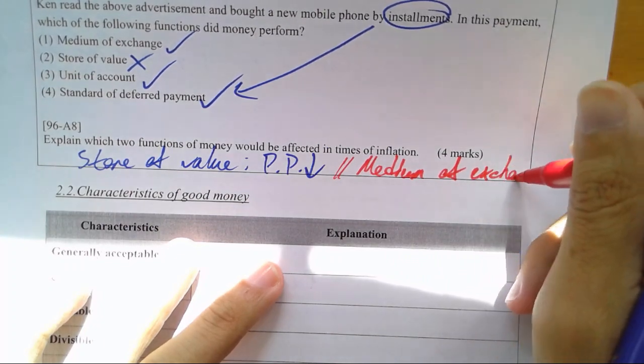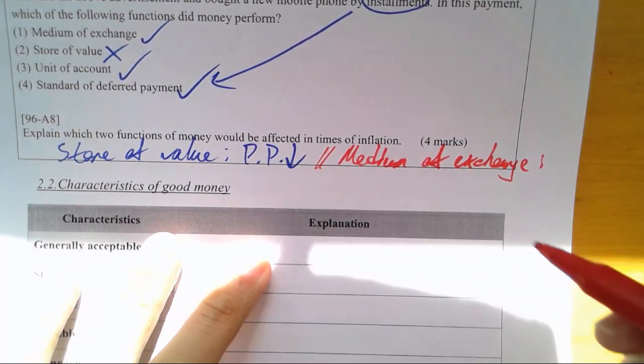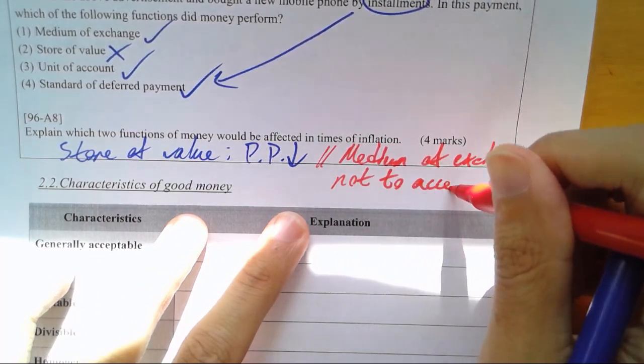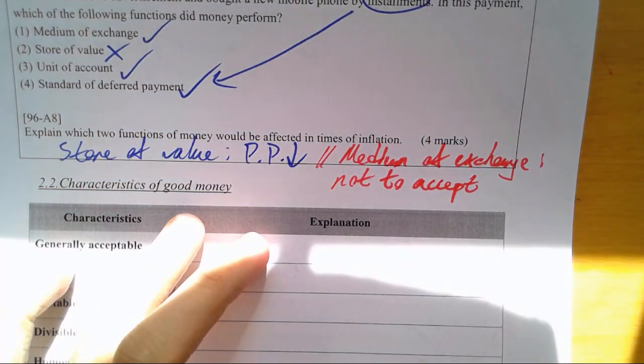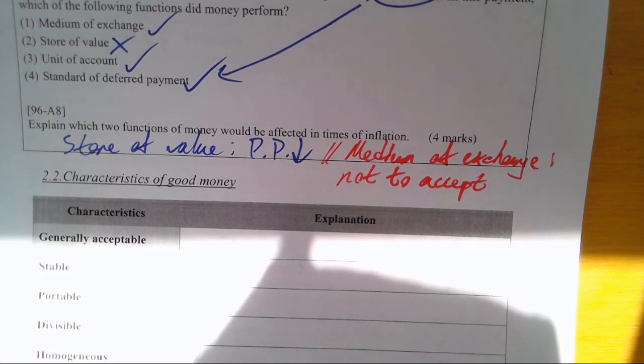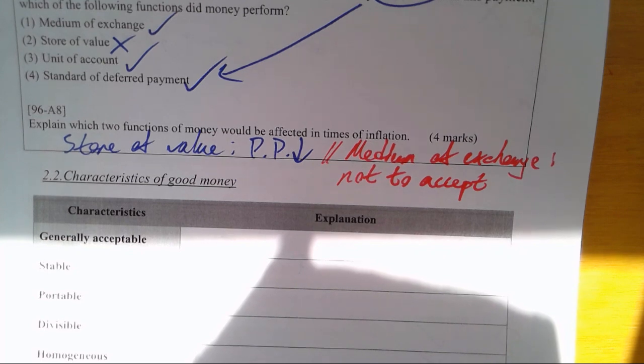Because people may decide not to accept money, because, well, let's just say it's too cheap, 好嘛? Okay, so these are the functions of money. Again, very standard. Stick with definition, nothing special.